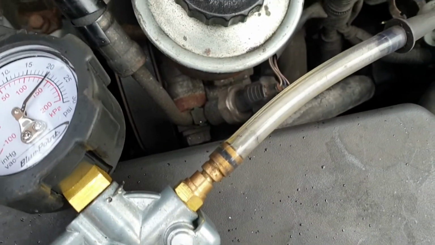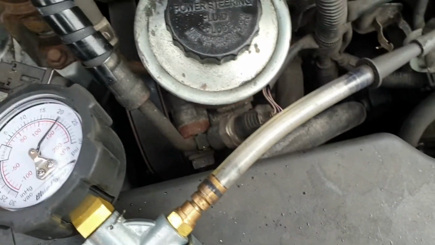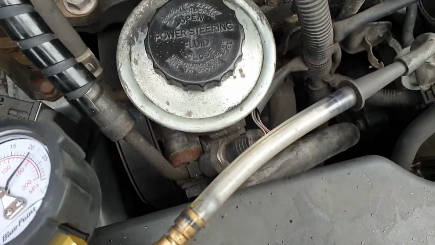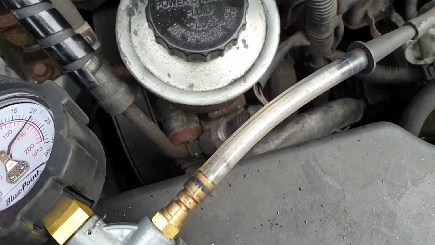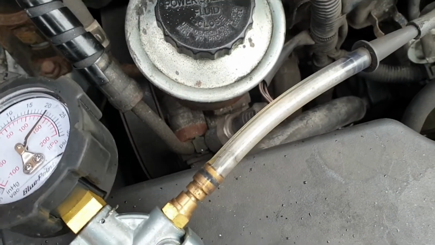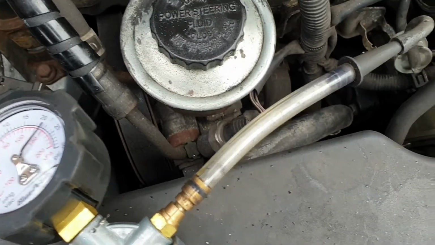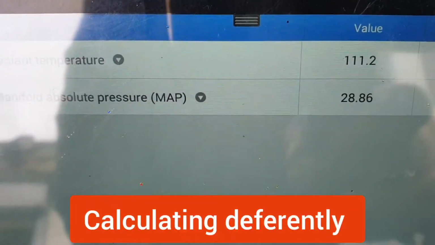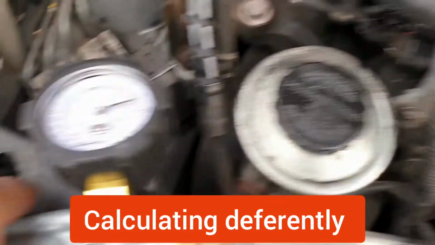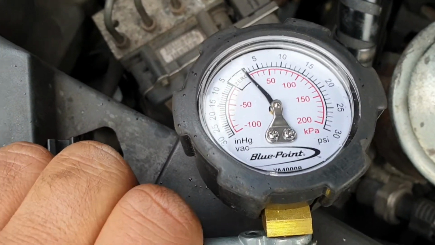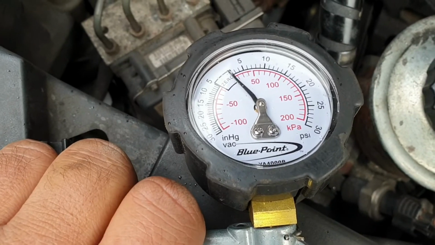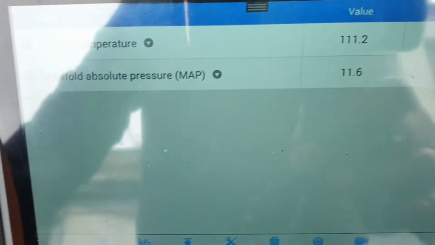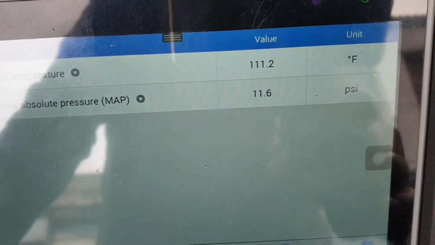So because the computer is calculating the value differently, we only applied 21 psi of pressure, but the computer is calculating that differently, because we have brought the applied pressure back to 0, but the computer still reads 11.6 psi.